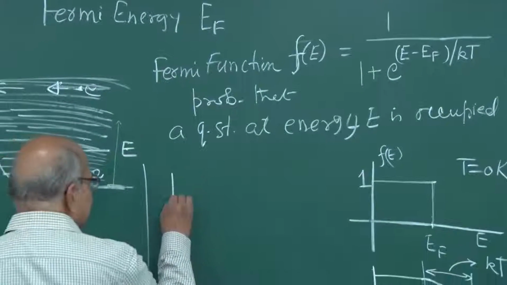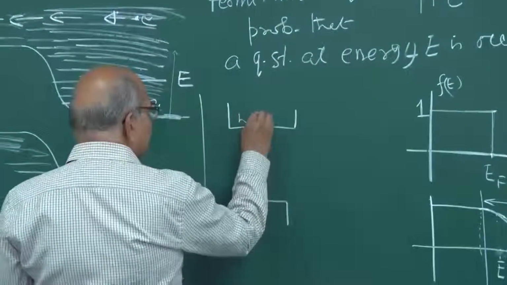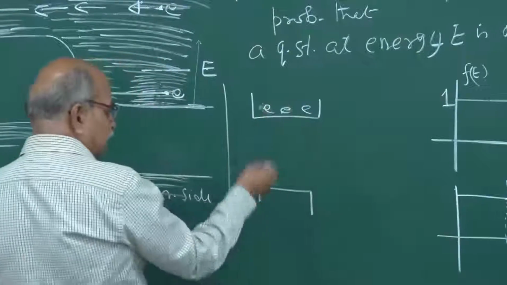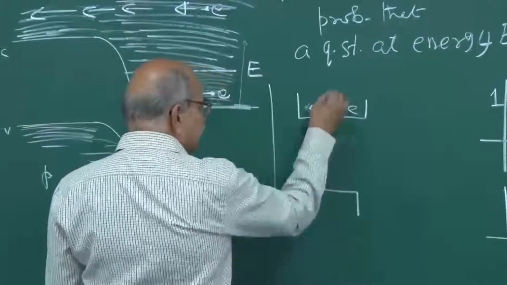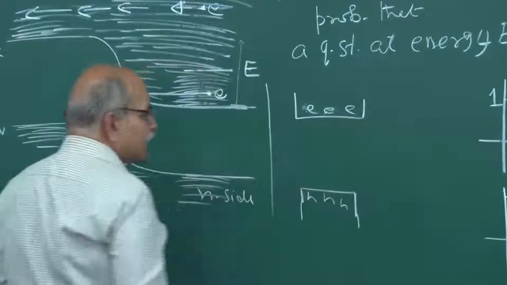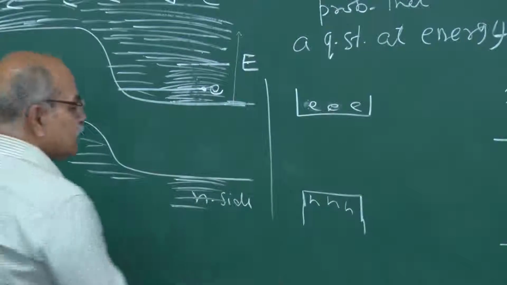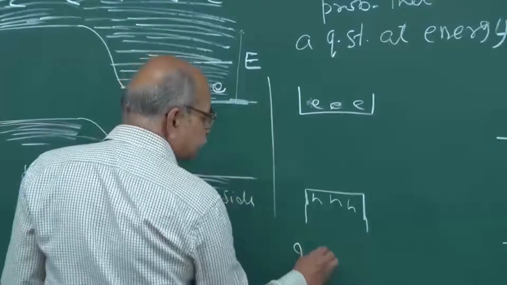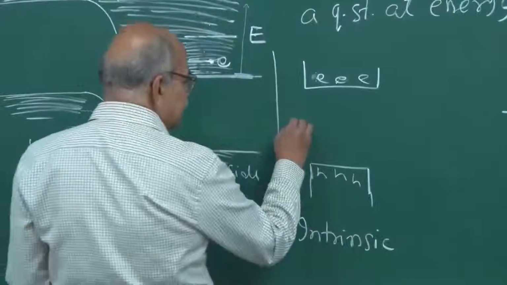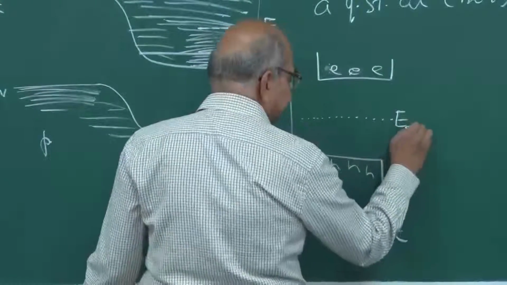So in intrinsic semiconductor, we say that you have a small number of electrons here, only because of thermal effects, some electrons jump from there to there, and you have some holes here. Where is the Fermi energy? This is intrinsic, so the Fermi energy is almost at the middle. This is EF.